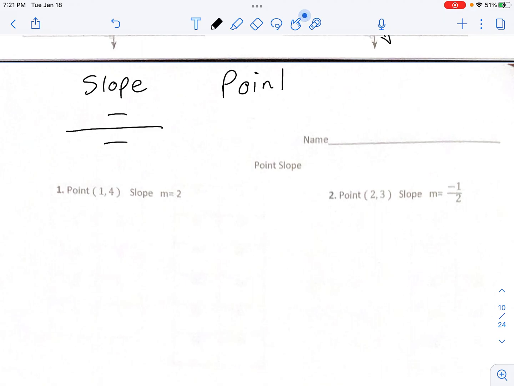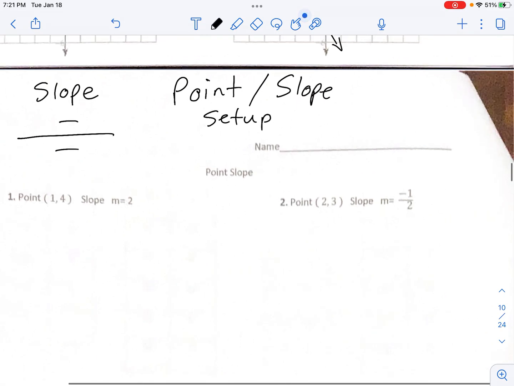You also need the point slope setup, which looks like this. y minus, leave a space, equal sign, leave a space, parenthesis, x minus, leave a space, and then parenthesis. Now, I know that's kind of cockeyed a little bit, but when I work the first problem, you'll be able to see it cleanly.